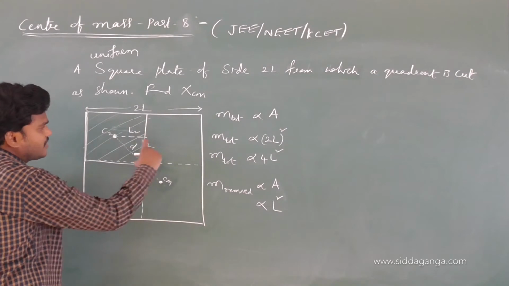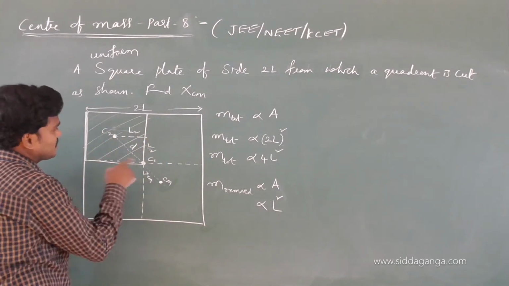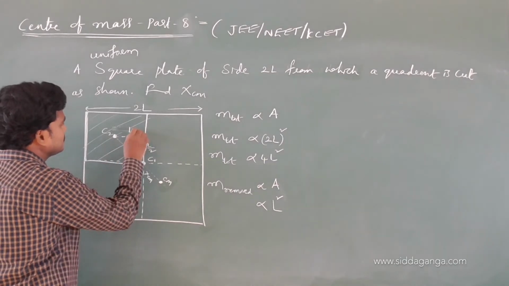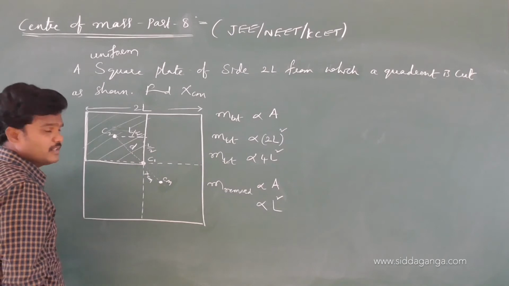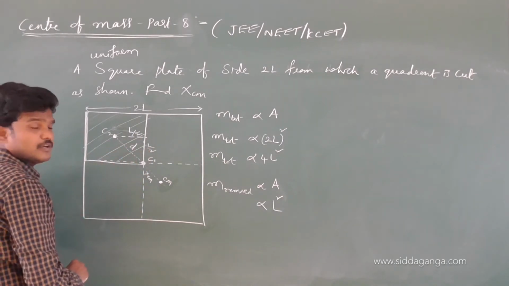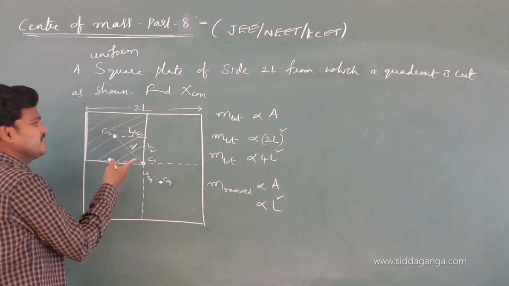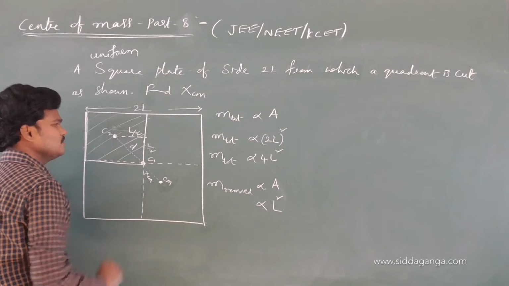See, opposite side, adjacent side. What is this one? Diagonal, the hypotenuse. This is L by 2, L by 2. What is this now? If this is A, this is A, this is root 2A. Otherwise use cos 45, because this is 90, this is 45. Use cos 45, this is L by root 2.